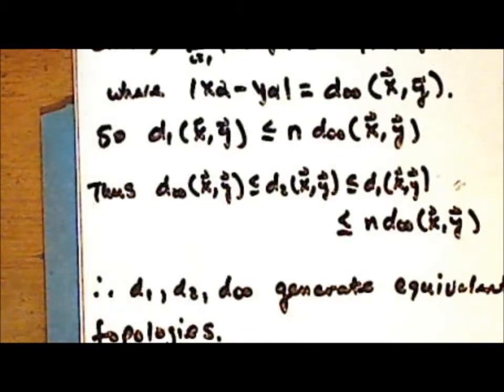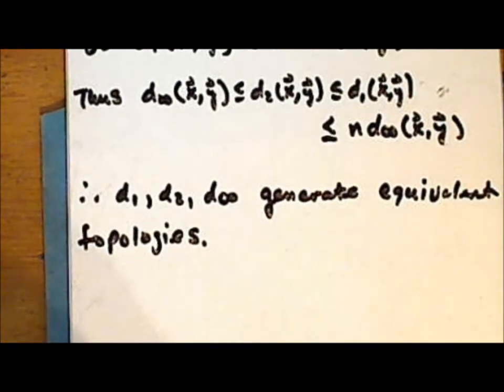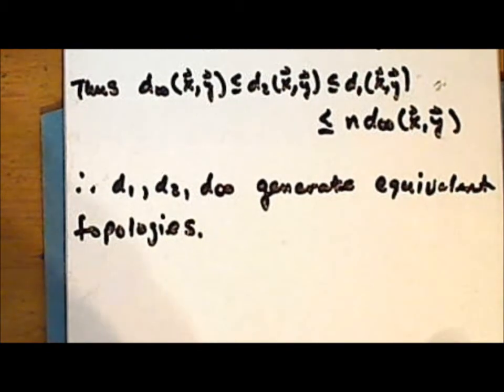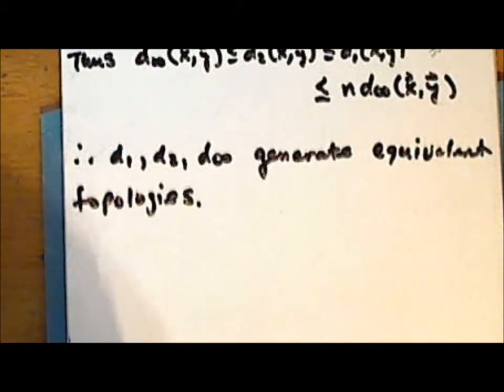Okay, so now we know that the topologies generated by these three metrics are the same. So the question is, what is that topology? And I've made the claim that it is the product topology, so I now need to prove that.